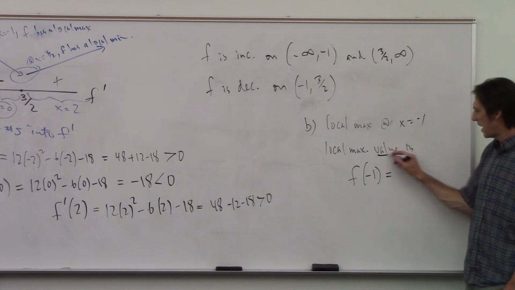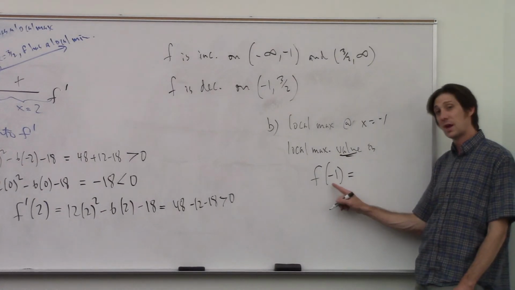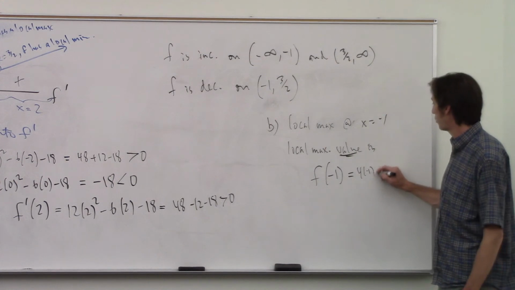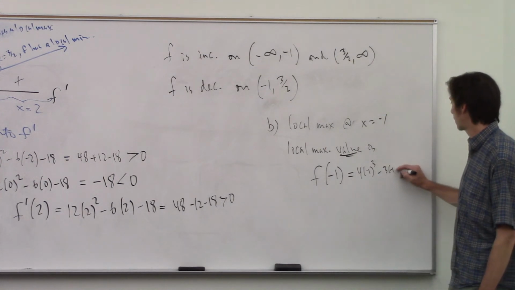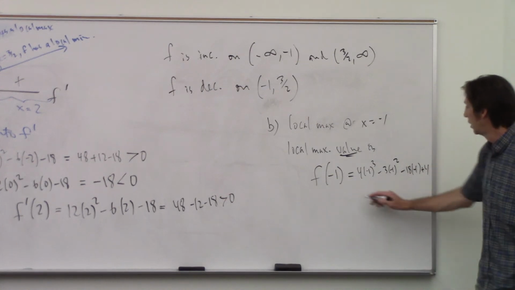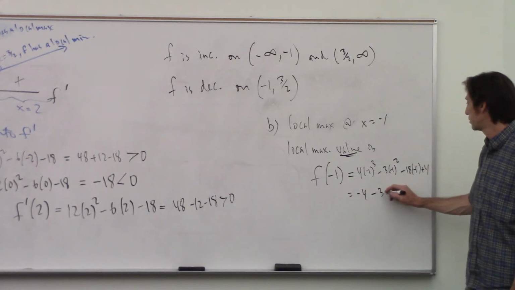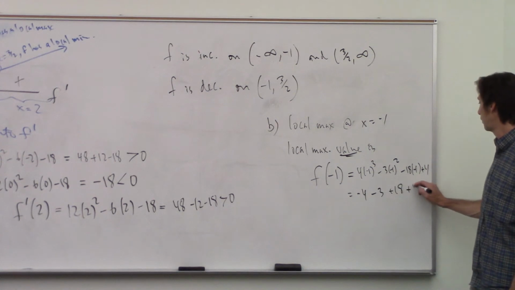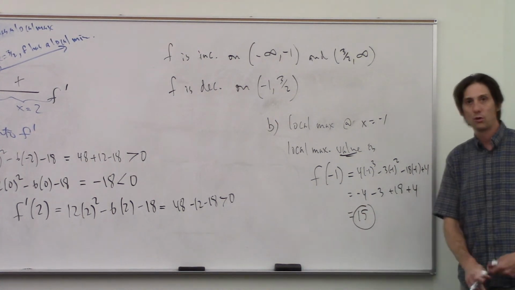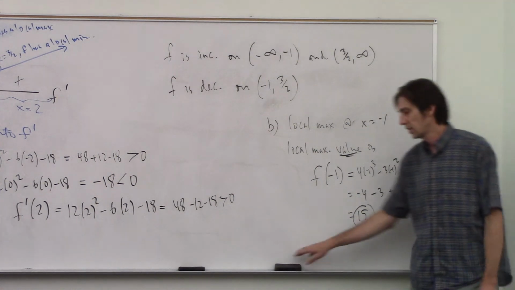If I want that actual value, I should plug the -1 into the original function. So that's 4 times -1 cubed, minus 3 times -1 squared, minus 18 times -1 plus 4. So -4 minus 3 plus 18 plus 4 looks like 15 is our local maximum value.